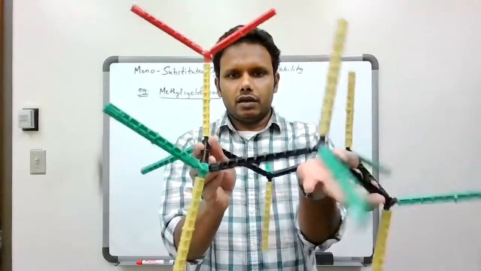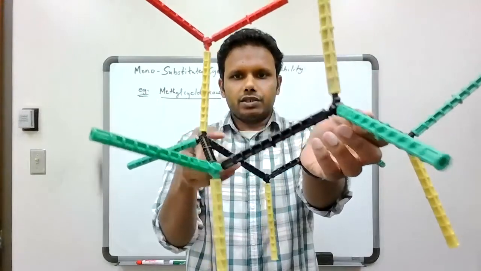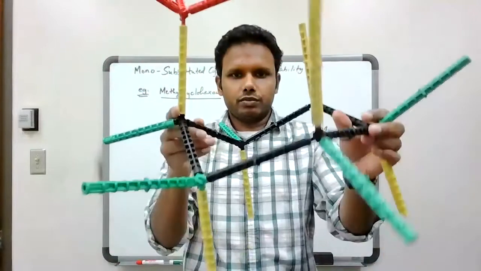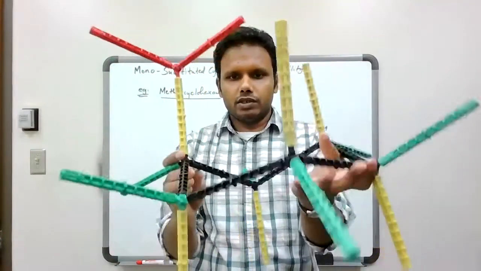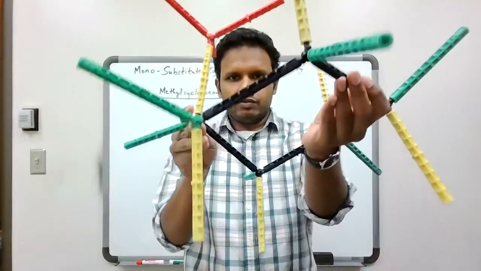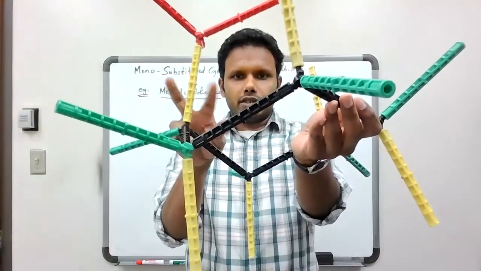Is there a Gauche interaction that we can identify? What about this angle here between those two groups? Sorry, it's hard for me to show, but what you can notice is that in this particular conformation, when we do this Newman projection, there is a Gauche interaction here.